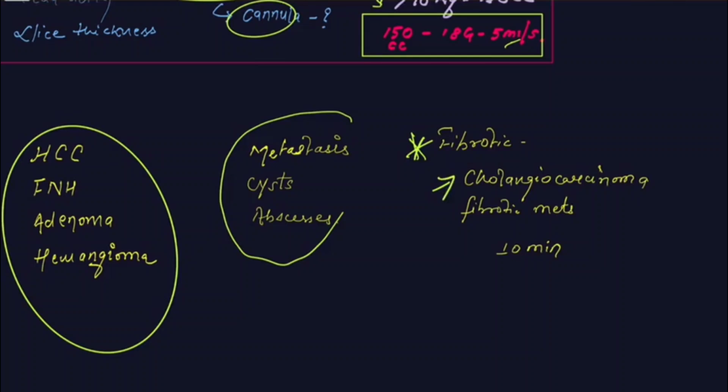Why are they important? Because they have fibrosis within them, and these fibrosis accumulate contrast in the delayed images. So a 10-minute delayed scan is taken where they pool the contrast and their visualization becomes easier. For example, cholangiocarcinoma and fibrotic metastasis.